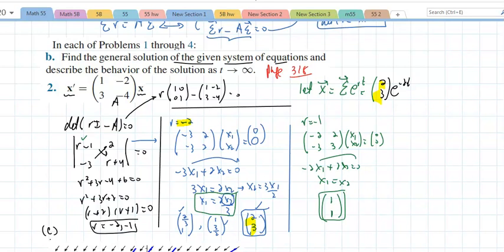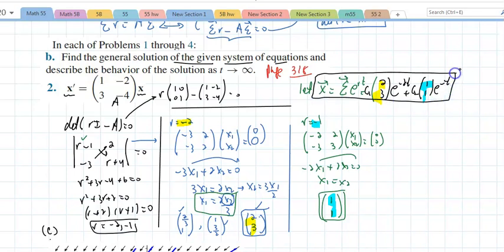And for the second one, plus 1, 1, e to the negative t. Now you could combine those, right? And remember that this is going to be any multiple of that and any multiple of that, just like we did back in the days. So it's pretty much identical to what we did.